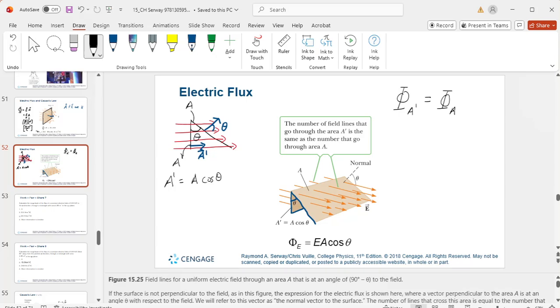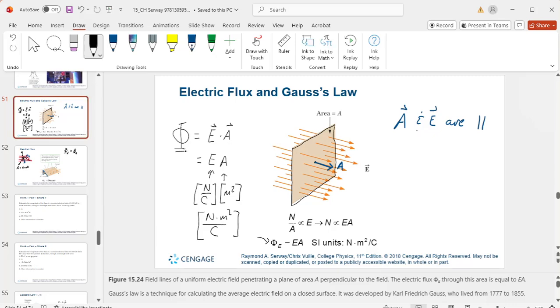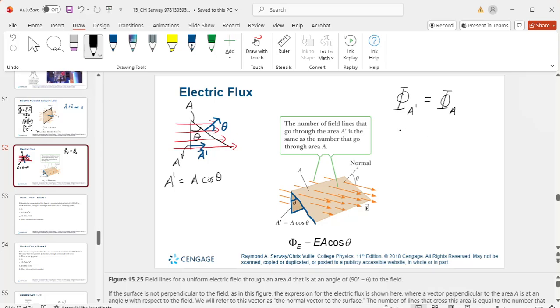Then, remember from the previous slide, flux is given by the product of the electric field times the area.